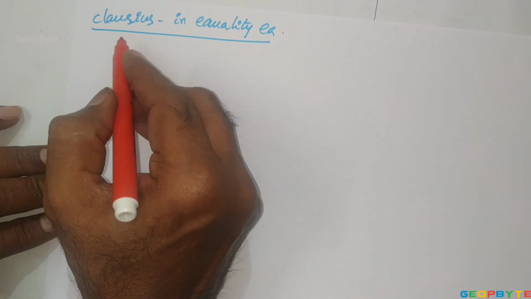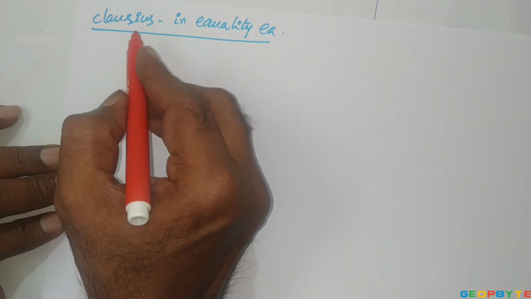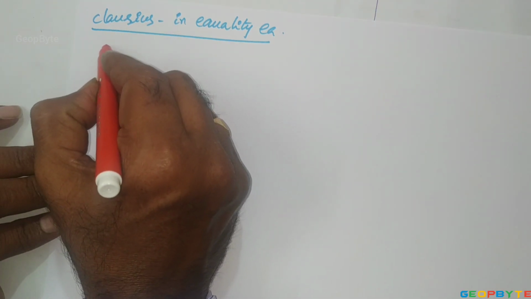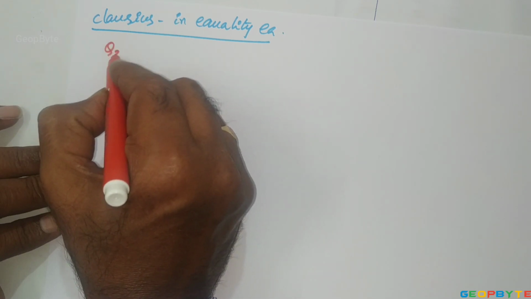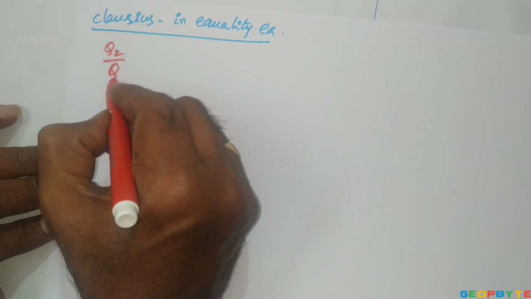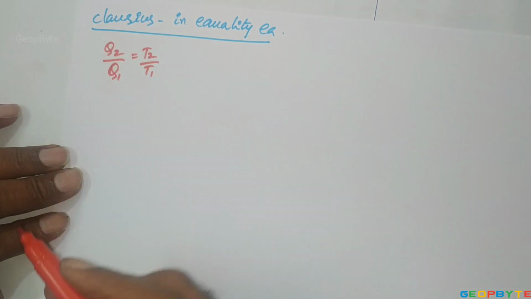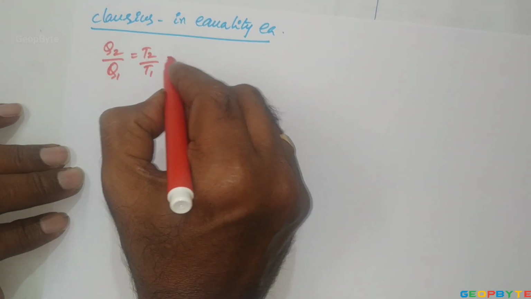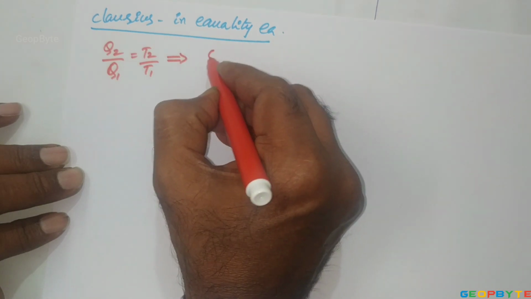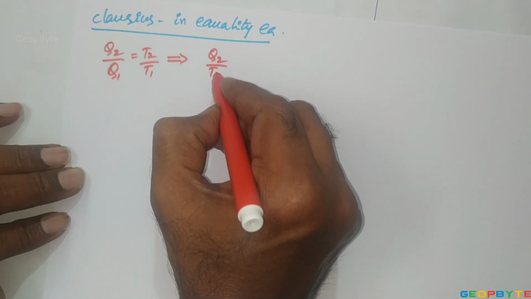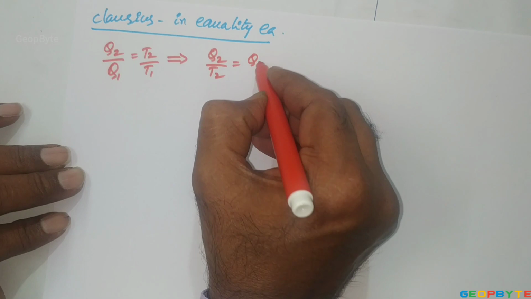The Carnot cycle is a reversible cycle because it is constructed to work with all reversible processes. For a Carnot cycle, Q2 by Q1 is equal to T2 by T1. It can also be written as Q2 by T2 is equal to Q1 by T1.